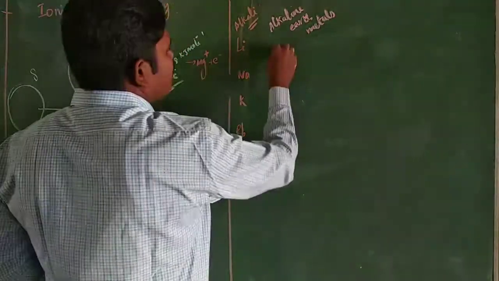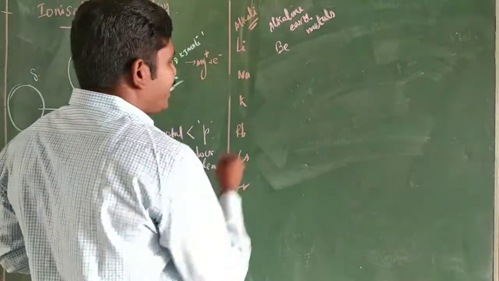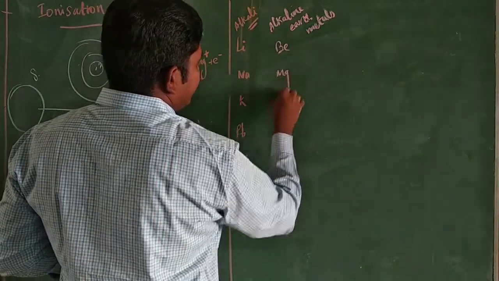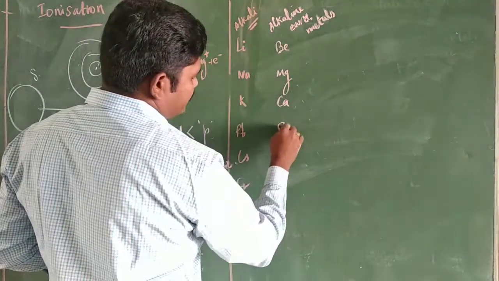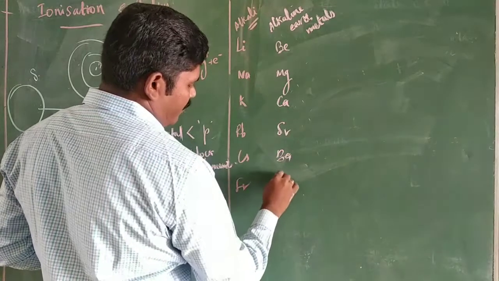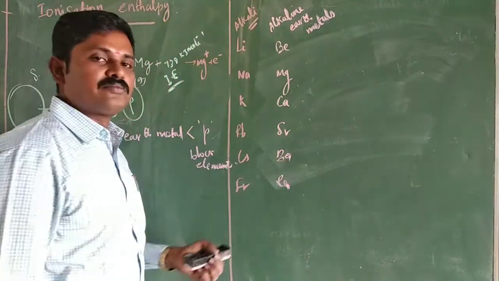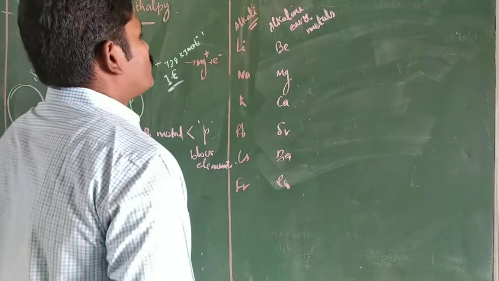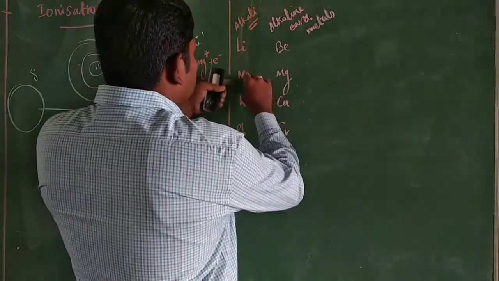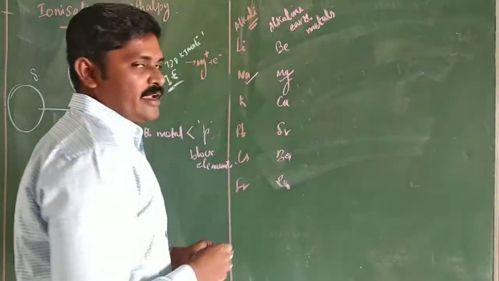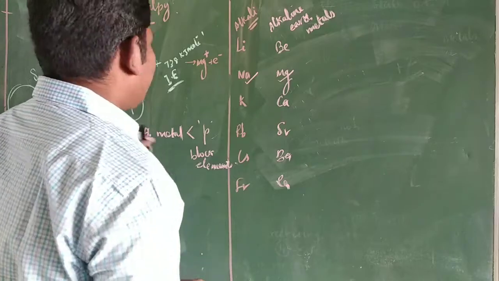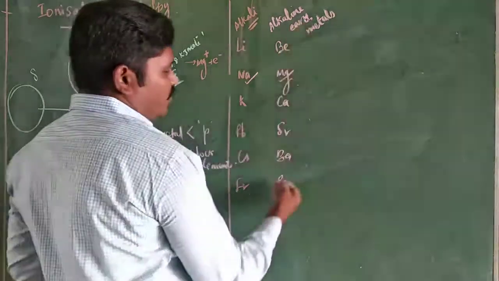Alkaline earth metals: beryllium, magnesium, calcium, strontium, barium and radium. For example, sodium and magnesium.